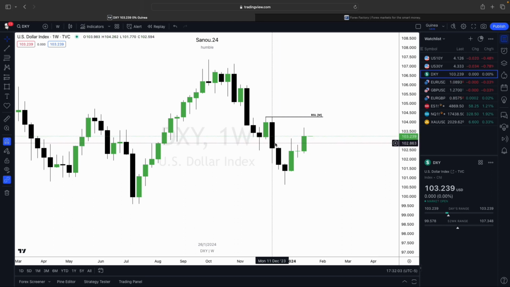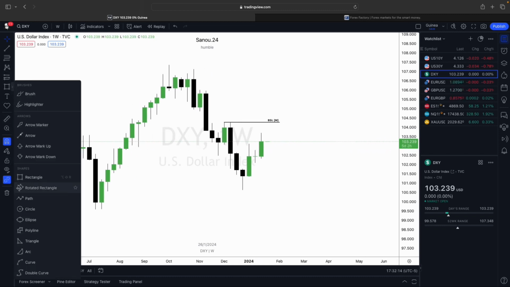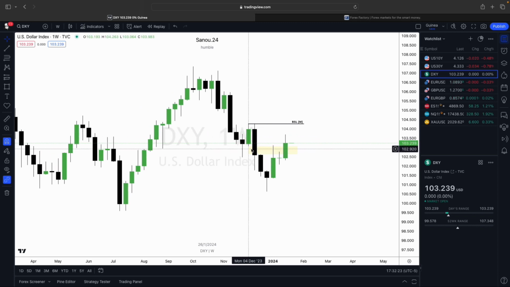But the most important thing is that price did not respect this inefficiency right here. We traded through it. Now, if you're familiar with ICT inversions, this will become an inversion fair value gap, right? And once a PD array, especially a fair value gap, gets disrespected, that should tell you the order flow has already changed.